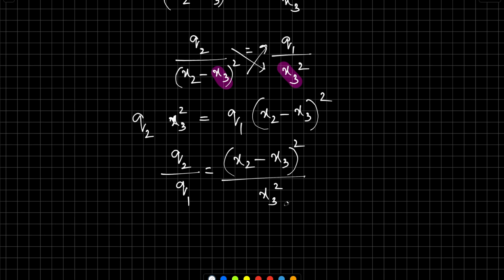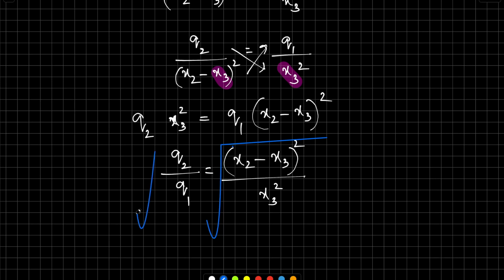Okay, so we have a square on the right side. I want to remove that square, so I'm going to take a square root on the right side. To remove the square, I'm taking the square root. Yeah, the problem is you can't do it just for one side. You should do it on the other side as well.